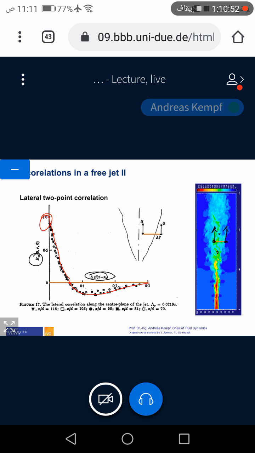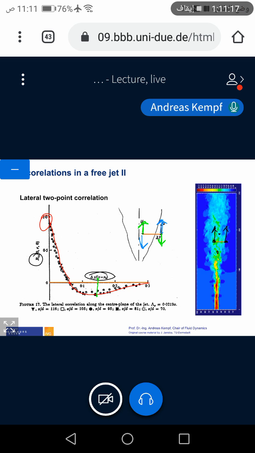Meaning, for this type of distance, that if we find a high velocity pointing up here, high velocity fluctuation, we are likely to find a negative velocity fluctuation on the other side. Or if we find a positive fluctuation here, we are likely to find a negative fluctuation here. Now, how can that be?